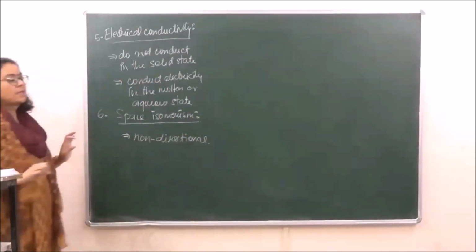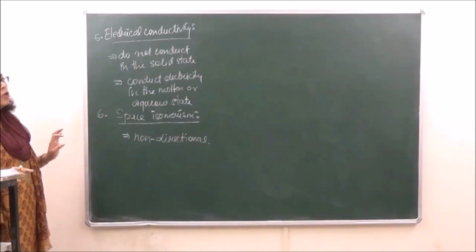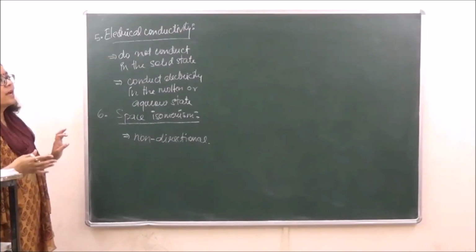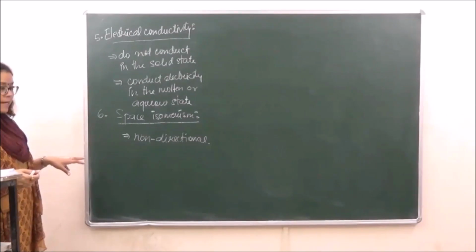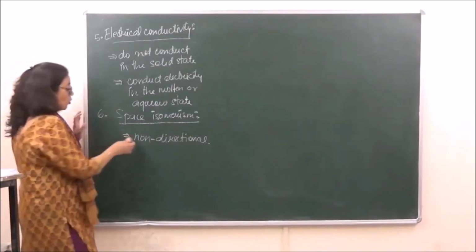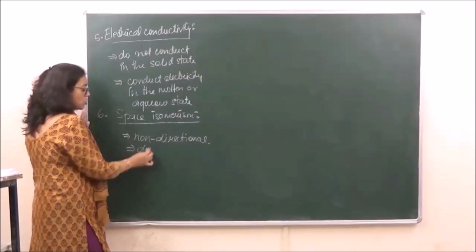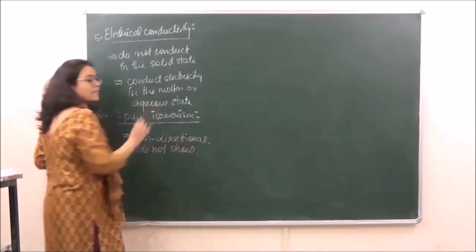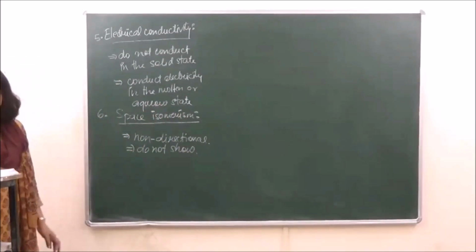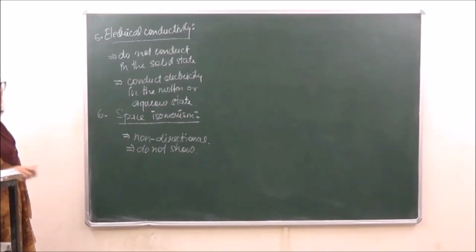They are not aligned towards the 3 coordinates in space. Therefore, they are non-directional in nature. As a result, they do not show space isomerism.